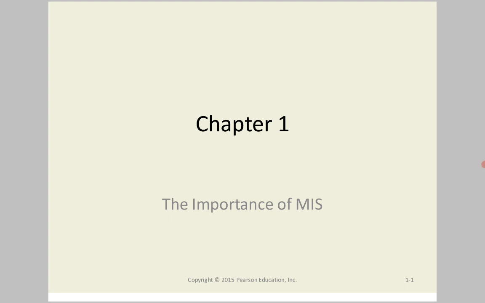So another important feature or characteristic of MIS is distributed data processing. What is distributed data processing? The majority of companies implementing MIS have a geographic network of sales offices, distribution channels, manufacturing plants, and so on.